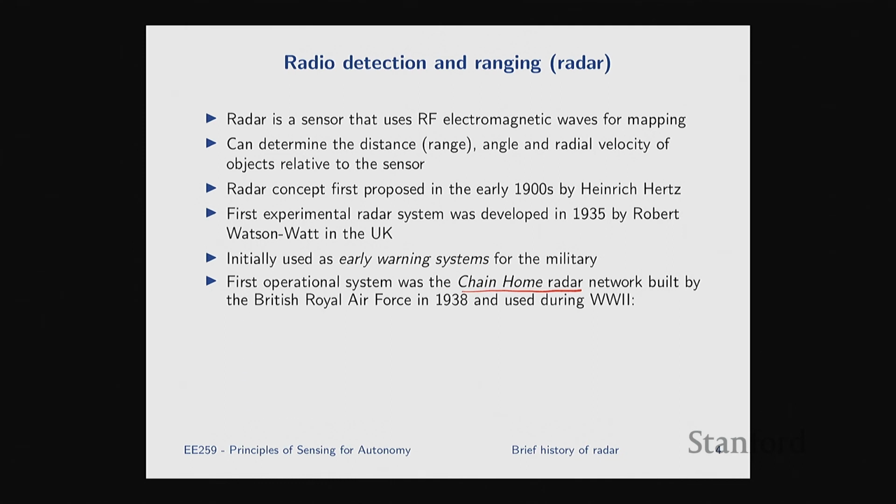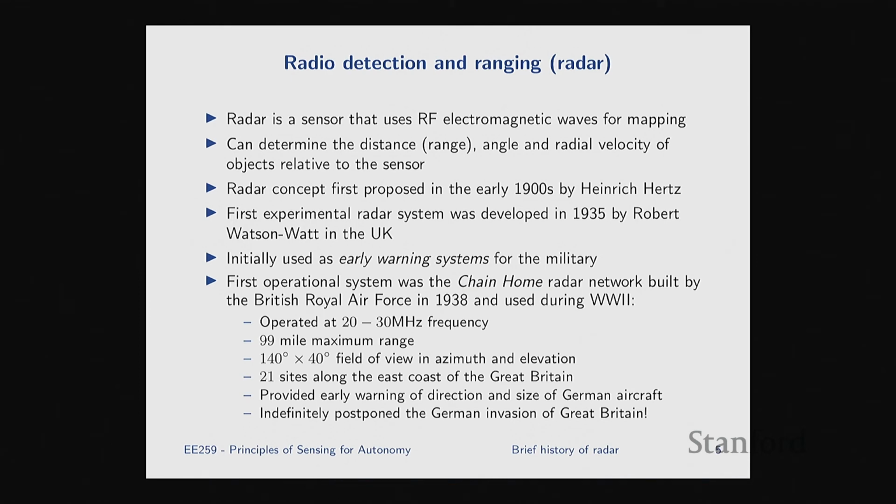And Chain Home was a fascinating thing. So it was basically a number of radar antennas that were built along the east coast of the United Kingdom. It was operating at a frequency of between 20 and 30 megahertz, and it had a pretty long range. It could detect up to 99 miles.